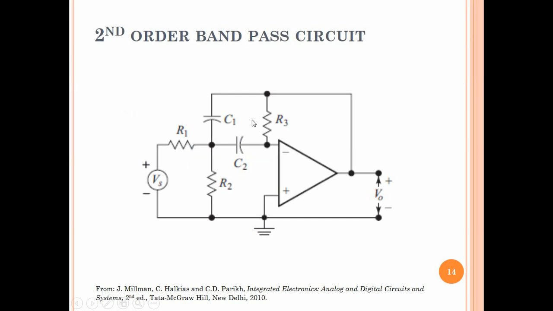Here is a circuit of a second order band pass filter. So it has two capacitors, but R2 C2 is a high pass section and C1 R3 is a low pass section, if you think about it. All right, in fact you should think about it, and also, as I said earlier, derive the transfer function for this and draw the Bode plot of that transfer function.